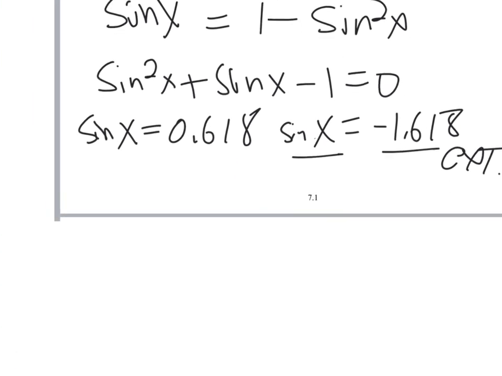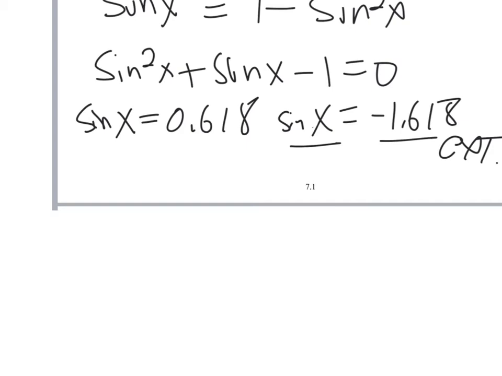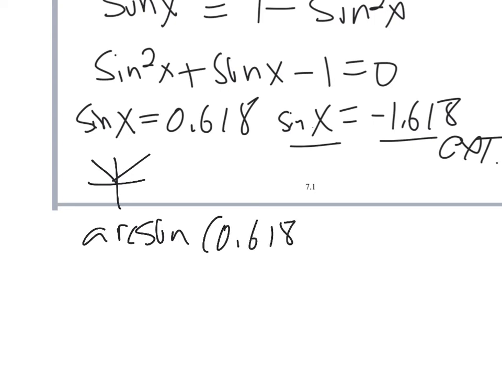This one, however, I'm going to ask myself, sine is positive up here in quadrant 1 and quadrant 2. So we'll do the arc sine of 0.618. My calculator's telling me that this is equal to 0.6662. So that's that reference angle.